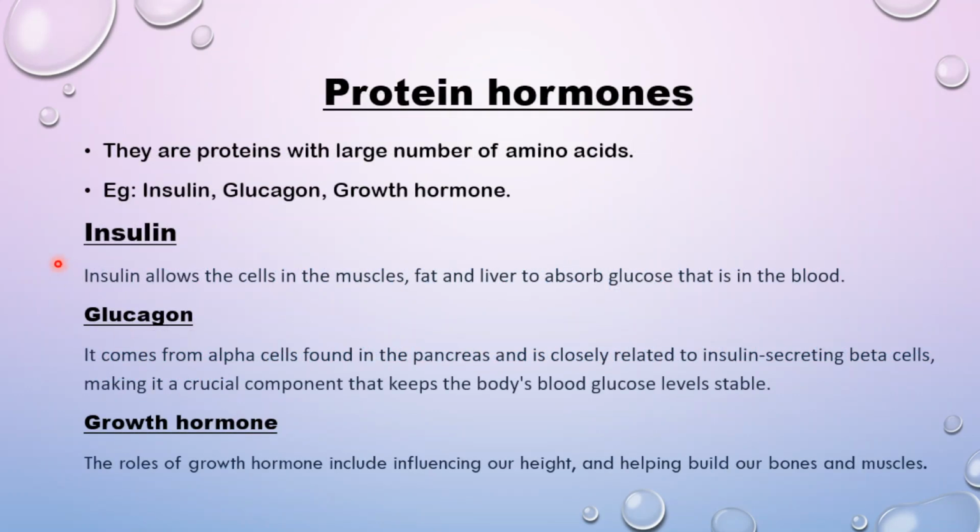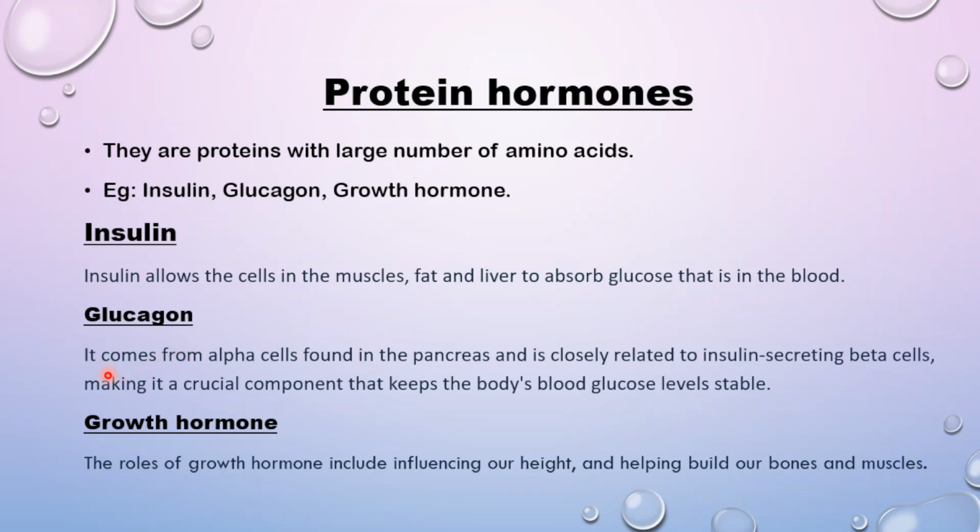Protein hormones are proteins with a large number of amino acids. Examples: insulin, glucagon and growth hormone. Insulin allows the cells in the muscles, fat and liver to absorb glucose that is in the blood.